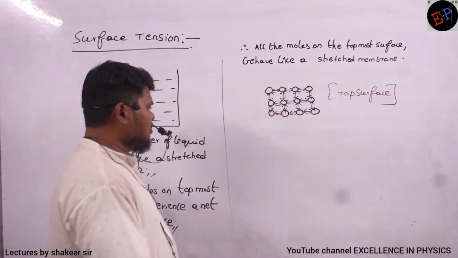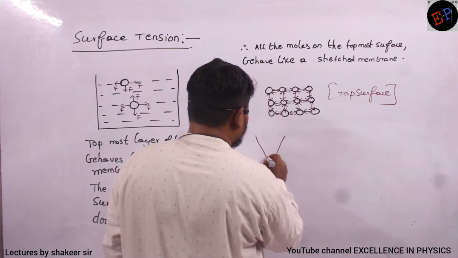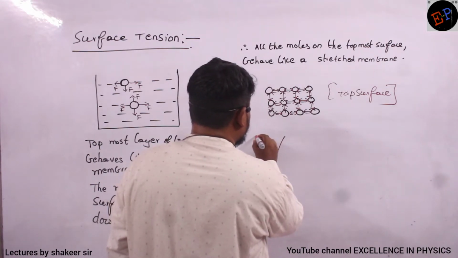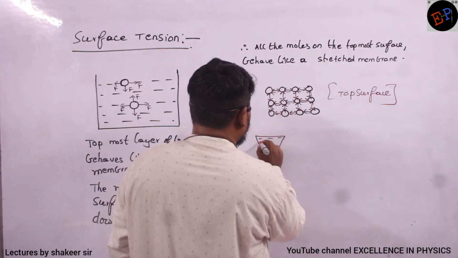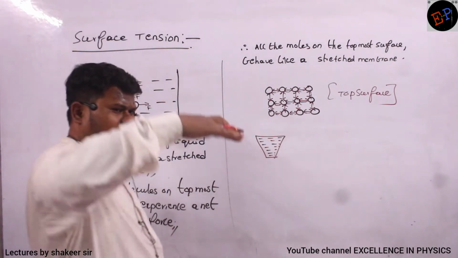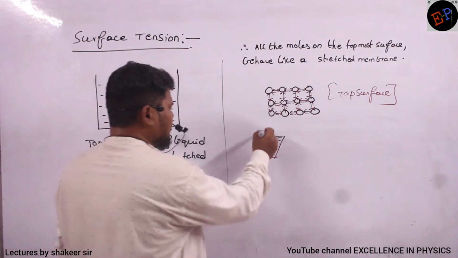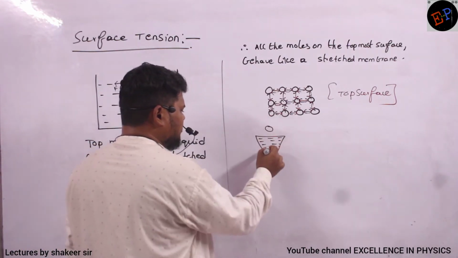If you want to do an experiment, you can. For example, you can take a glass of water and fill it completely up to the brim. Brim means you fill the water up to the topmost surface. Then you start placing coins into this water.